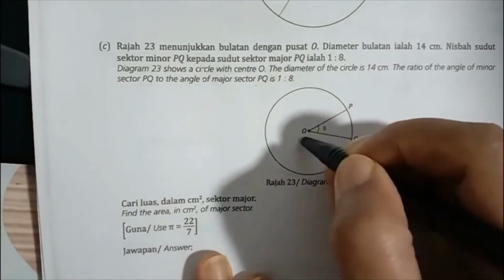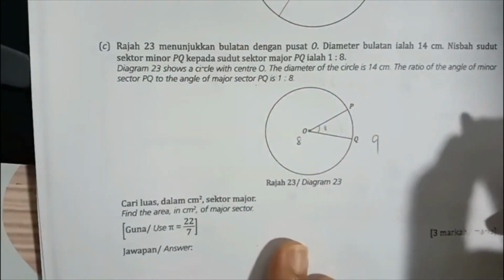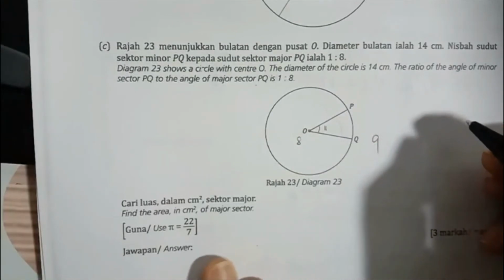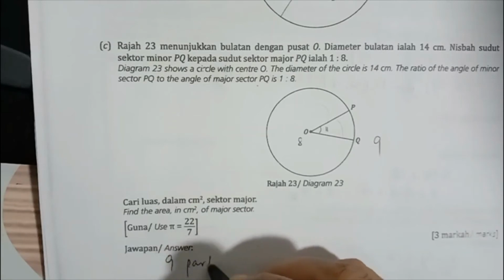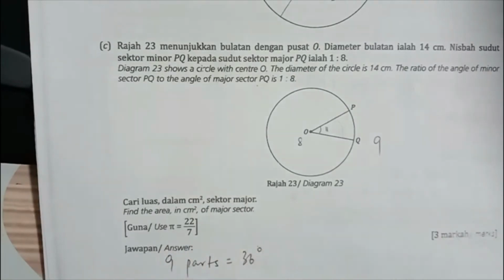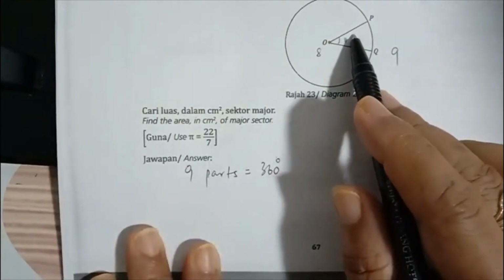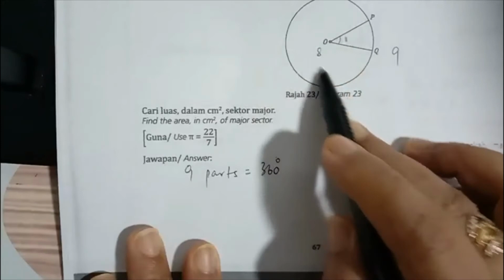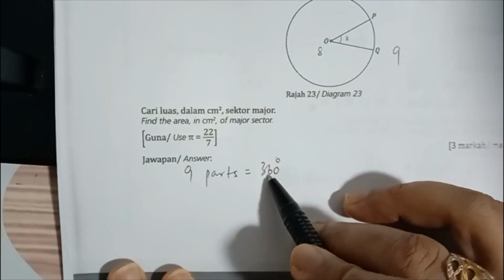So here is 1, here is 8, means the total here is 9 parts. 9 parts is 360.